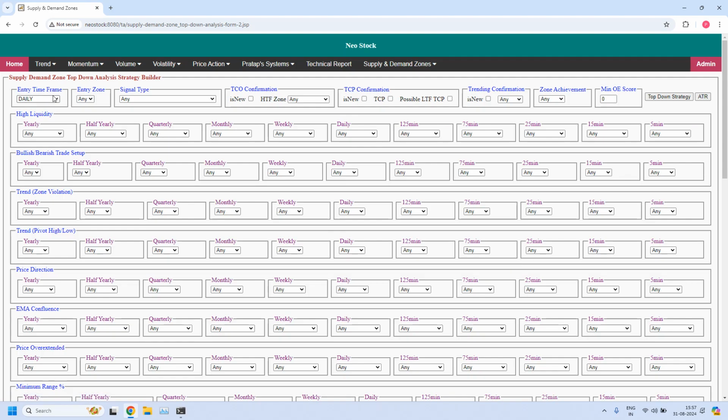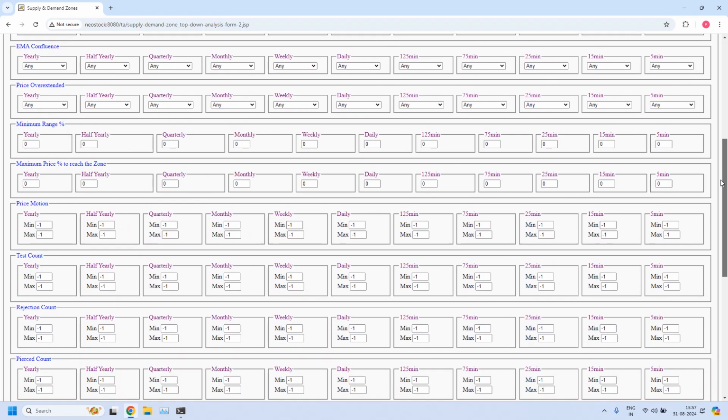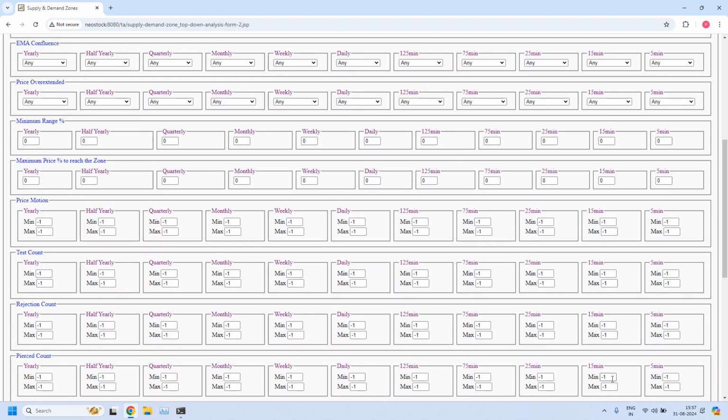Next, bullish trade setup for daily income trade. For daily income trade, bullish trade setup entry time frame is 15 minutes. Entry zone is a demand zone. And in bullish or bearish trade setup at 15 minutes, I am selecting bullish. The 15 minutes demand zone should not be pierced. So in the pierced count, in 15 minutes time frame, I am setting minimum value 0, maximum value 0.